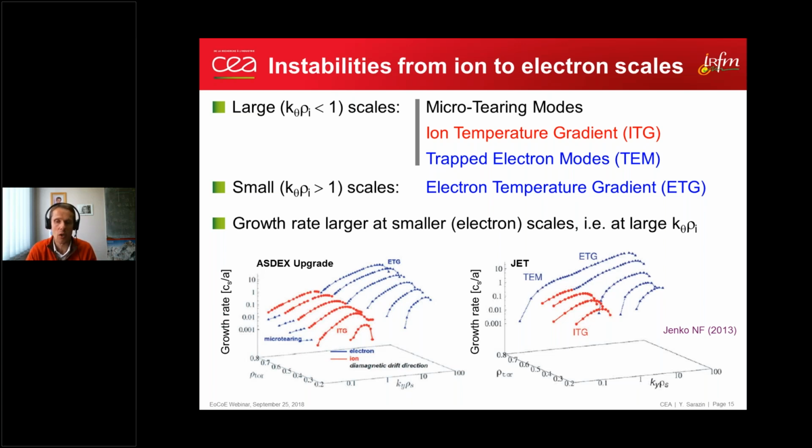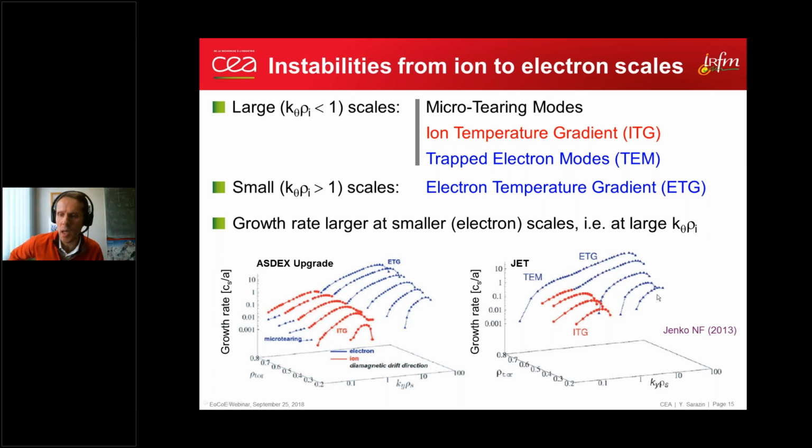Unfortunately, so far it's not feasible, so you have to split the problem into different pieces, and the first piece is to treat the ion and electron scale at once, without treating the interaction of the ion scale, like ITG and TEM, with the much larger equilibrium scale.